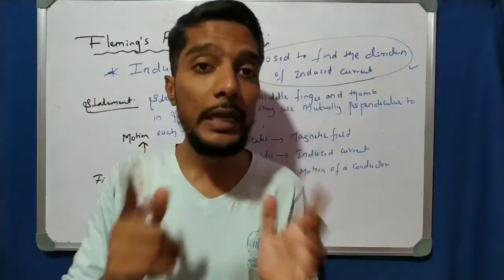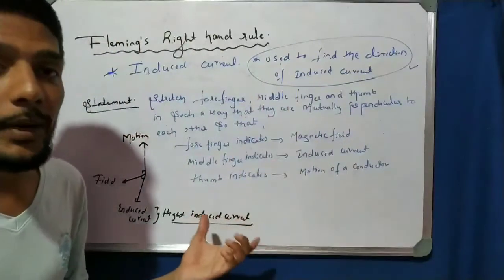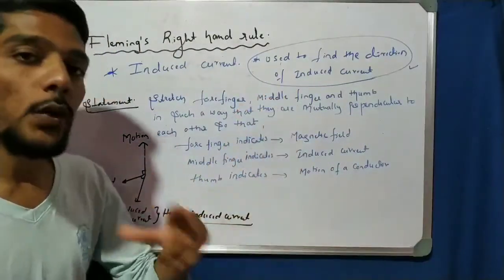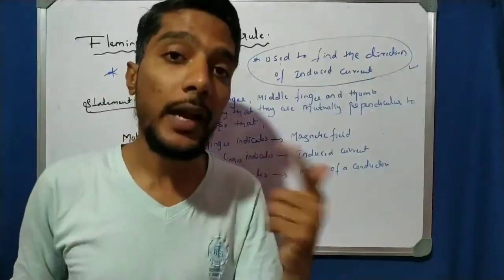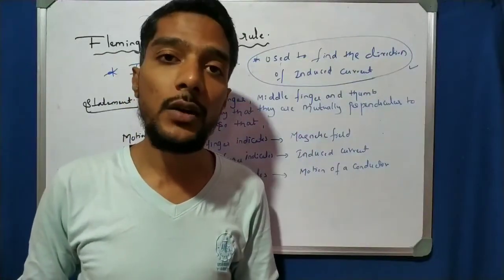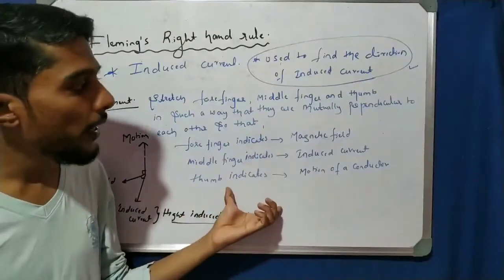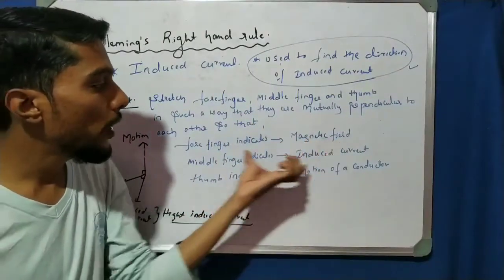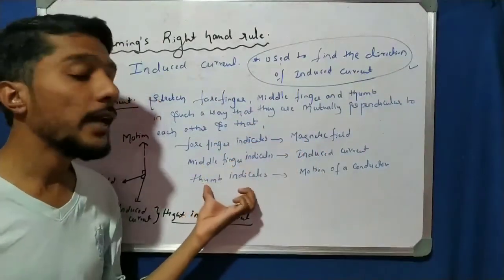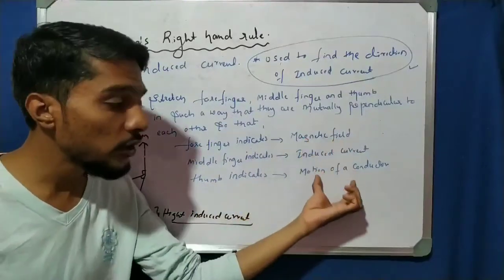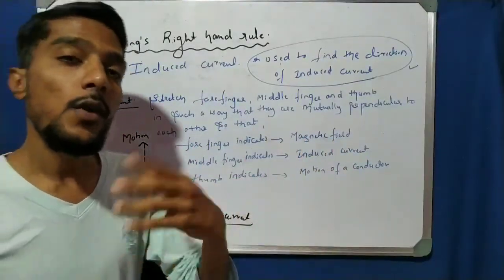To understand that clearly, you have to memorize this statement first. If you know this, you can easily find the direction of current in the electric generator. That is very important. So practice, write down this law first, and memorize the functions of the forefinger, middle finger and thumb.